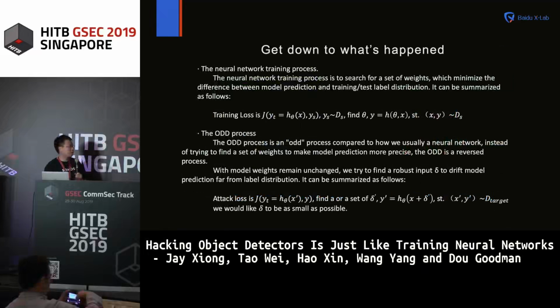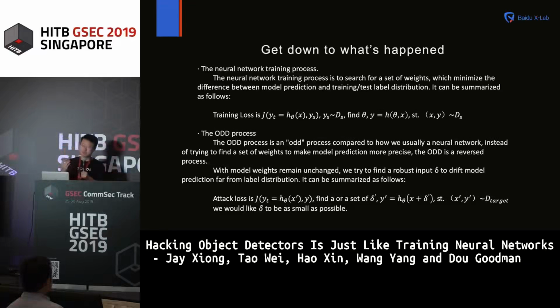Here's a little bit of math, but I'll go through it quickly. I can assure you these are all correct, but if you want to see the process, you can see the formulation. In a neural network training process, the objective is to find a set of weights in the architecture that can minimize the difference between the model output and the real-world information.